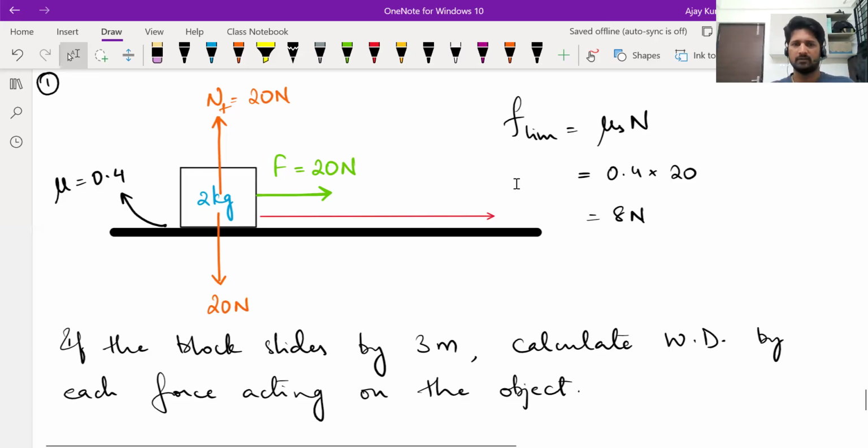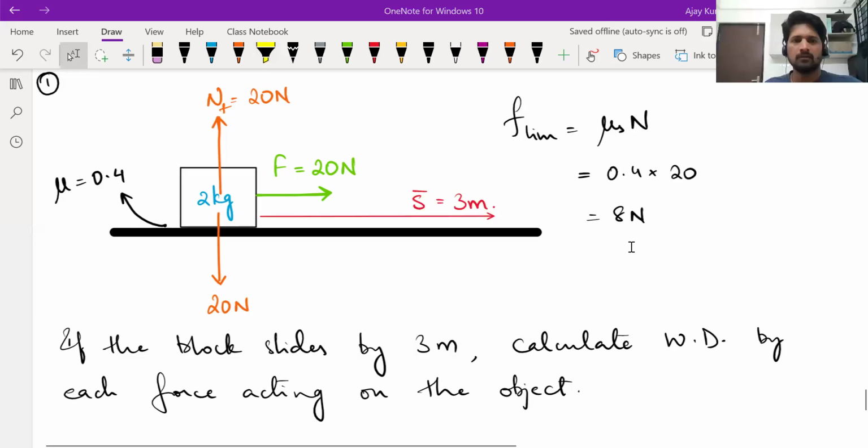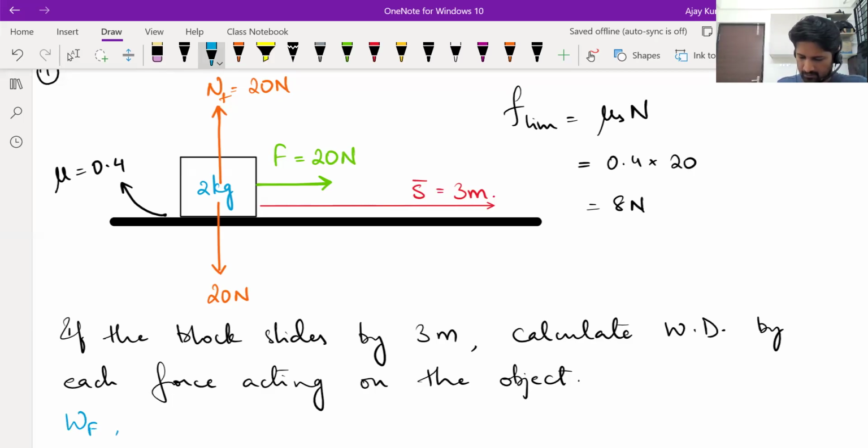Otherwise, you'll have to integrate. So try this, all of you. Displacement is given as 3 meters. Type your answers in chat, in this order: work done by the force F first, then work done by weight, then work done by normal force, and then the work done by friction.